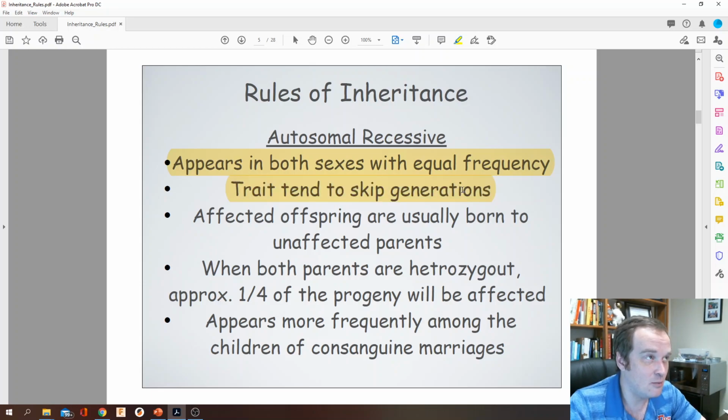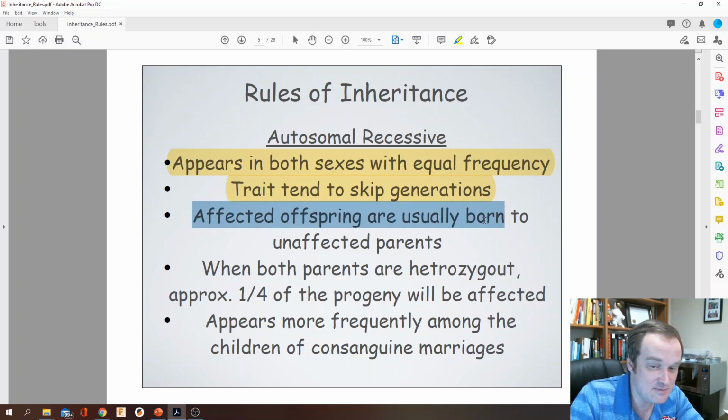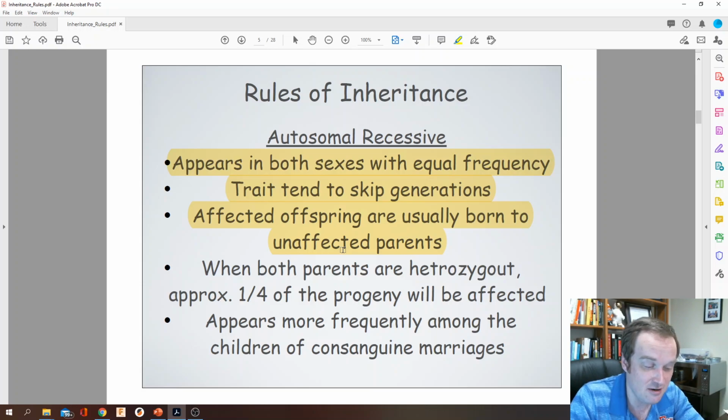It doesn't mean it always skips generations, but it can. This means the disease will appear in some offspring that don't have affected parents, because both parents were carriers, but the offspring got both the bad alleles, or the diseased alleles.